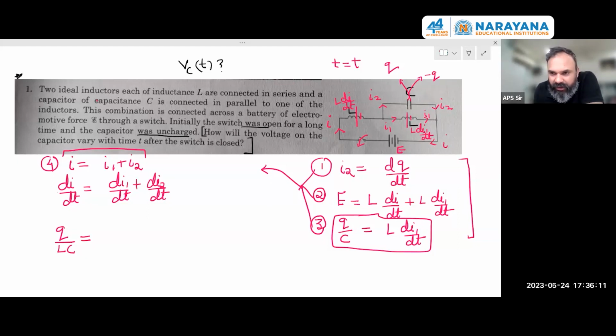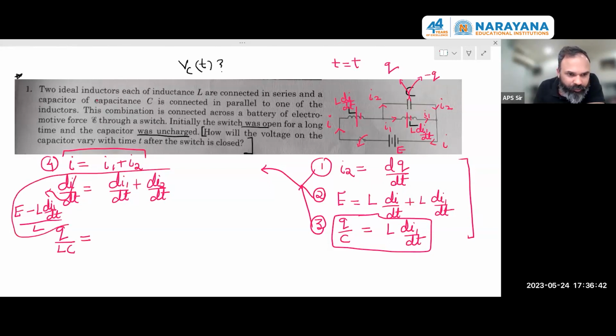So LC I have taken. Now I want to substitute this term di1 by dt, right? di2 by dt is something which is known to me. di1 by dt I can substitute if I just focus on this di by dt. And remember, this di by dt can be written as E minus L di1 by dt, whole divided by L. So just focus on this equation a bit more carefully.